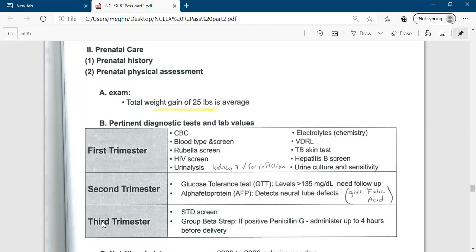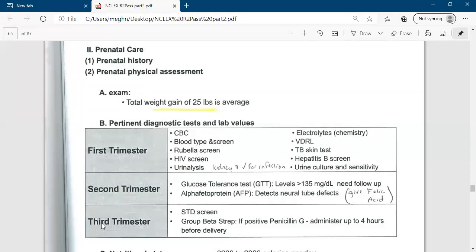If you ask me, after 42 weeks, if the mother's labor does not start, what do we do? At that time the healthcare provider decides to induce labor or do a C-section. Again, the total duration is 38 weeks plus or minus 2.